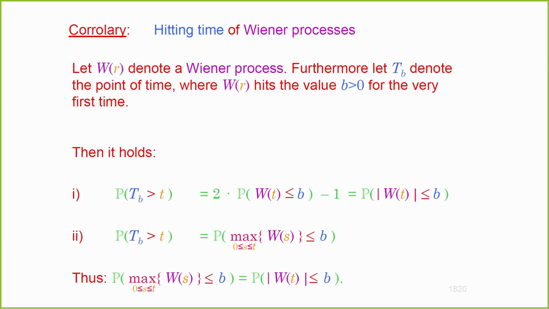Which means that the cumulative distribution function of the maximum Wiener process at point b is equal to the cumulative distribution function of the reflecting Wiener process at point b, which means the probability that the reflecting Wiener process is not greater than that.